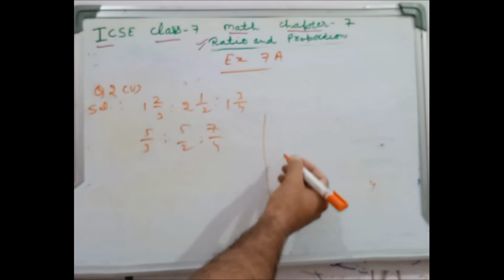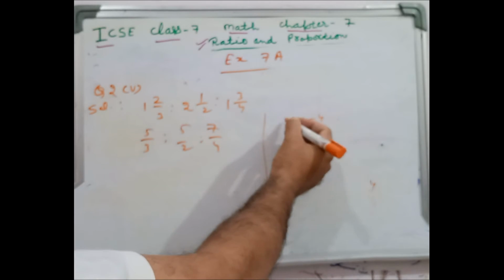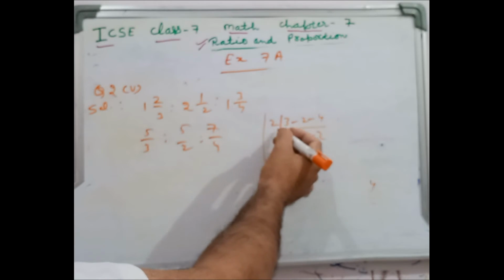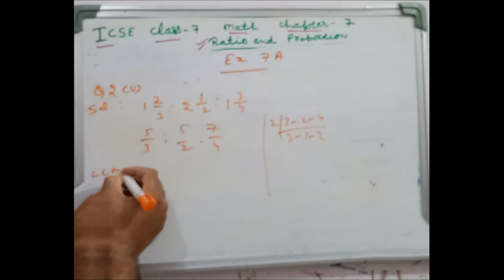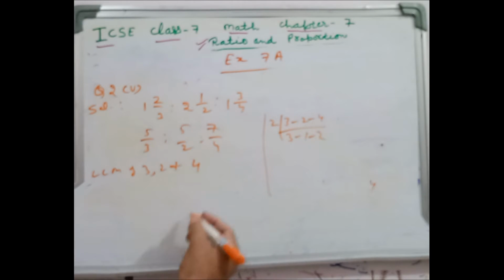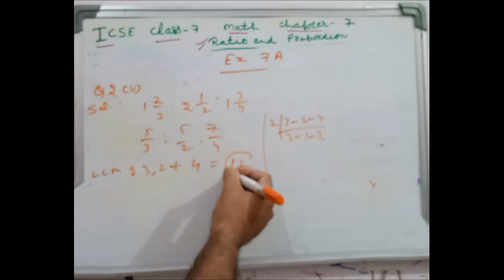Then take the LCM of the denominators. 2, 3, 2: 1 2 is 2, 2 3s are 6, 6 2s are 12. So the LCM of 3, 2 and 4 is 12.